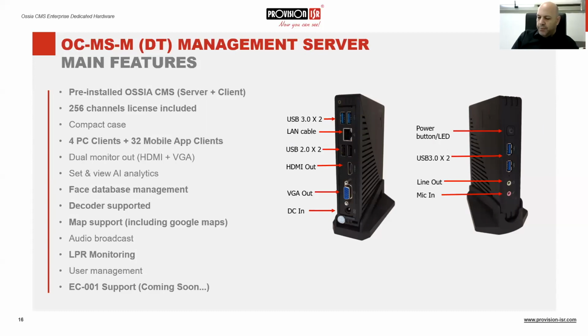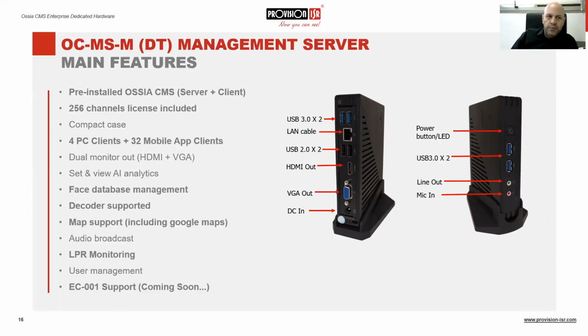If you manage to see the prices of these units, you will sell it, I'm guessing, to installers at around $2,000, including 256 enterprise licenses built in. So there is no comparison when it comes to prices, and you will see it all the way when we talk prices today.